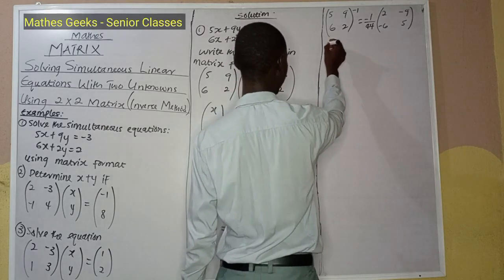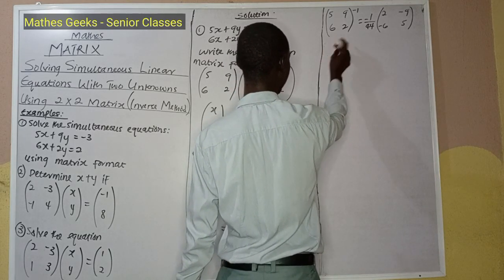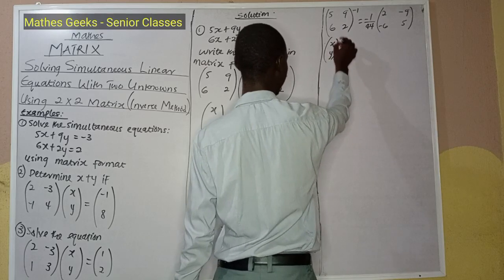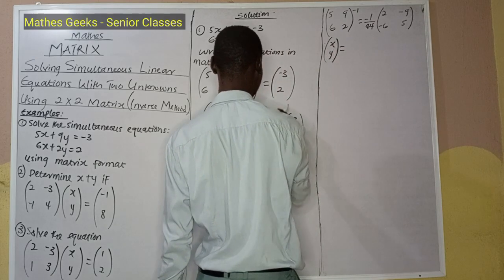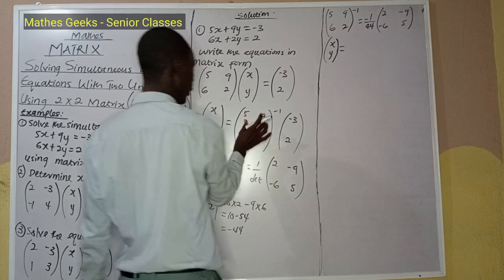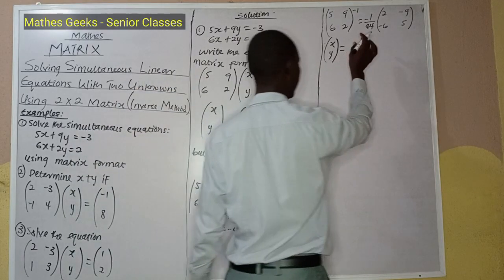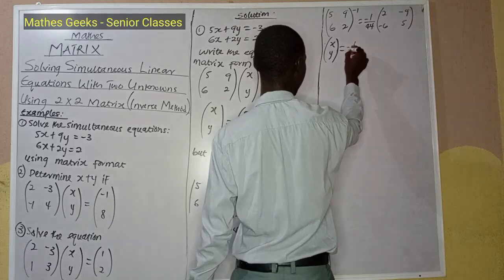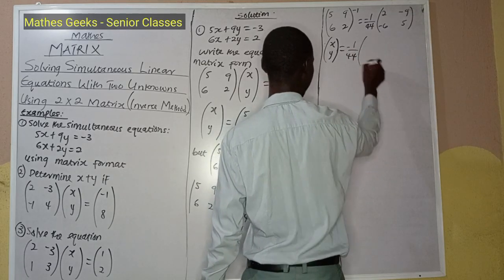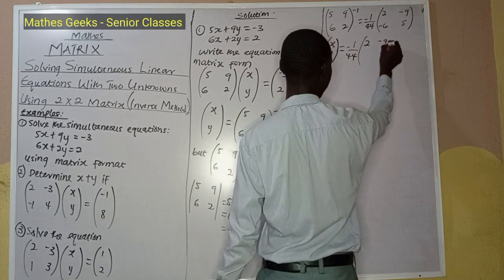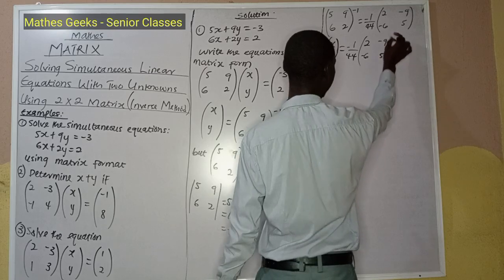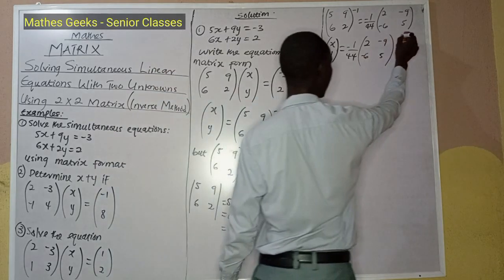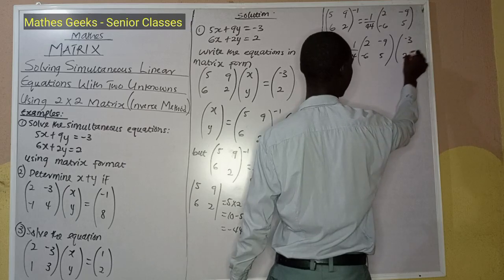So we say x, y equals, since x, y is the inverse of this matrix times the column matrix, we put this in place of this. That will give us minus 1 over 44, 2, minus 9, minus 6, 5, multiplied by minus 2, 2.